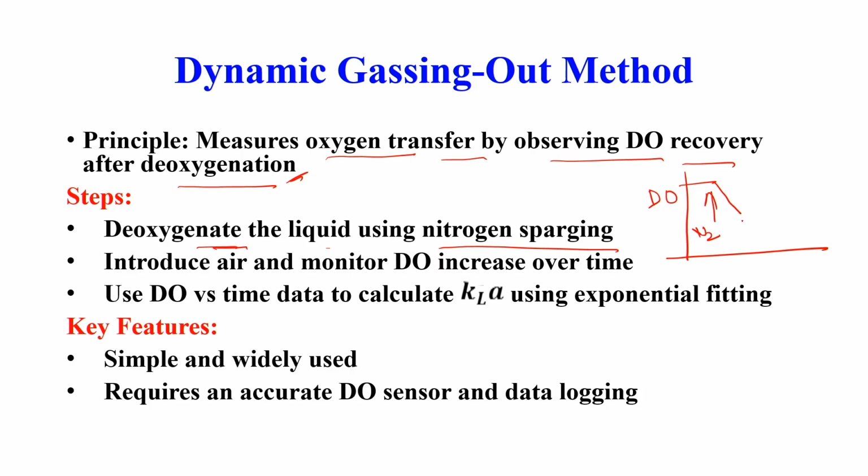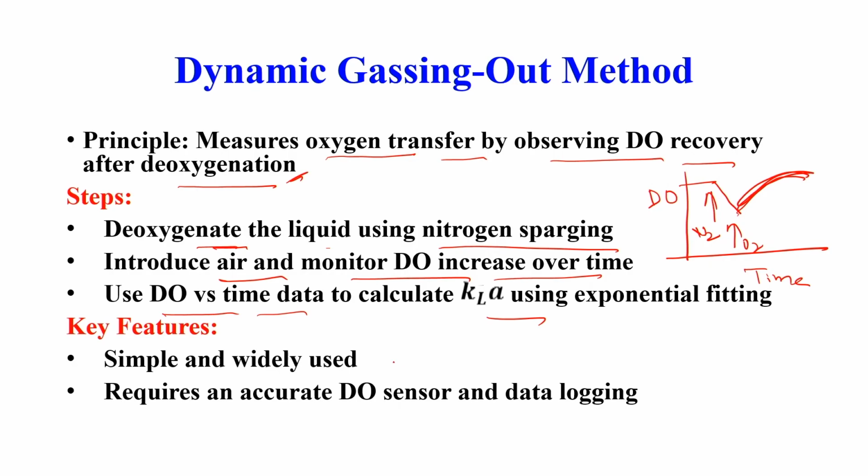Then once it has come to a certain level, again you start passing the oxygen, and it will recover like this. Then introduce air and monitor the dissolved oxygen increase over time, and use the dissolved oxygen versus time data to calculate KLa using exponential fitting, because this recovery is an exponential graph.